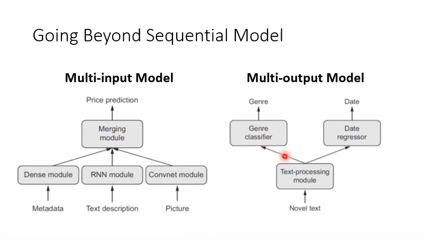It's a classification problem of which genre the novel belongs to, and we can also predict the publish date. So we can also use the Keras API to build a multi-output model.